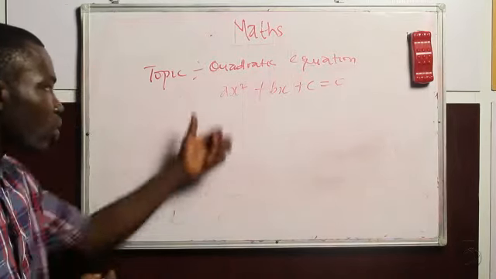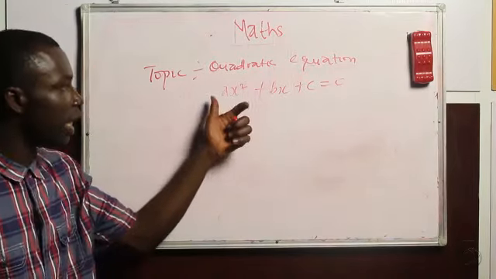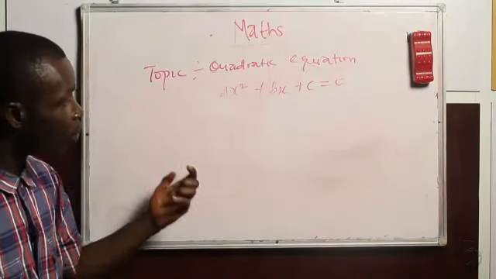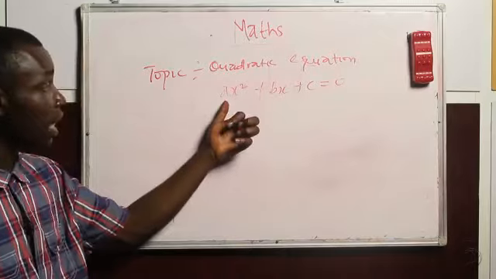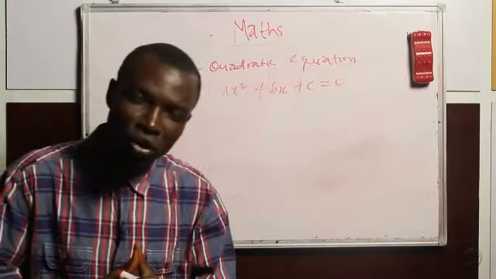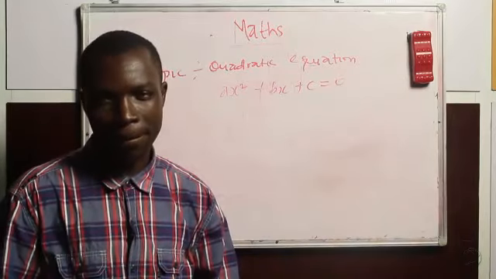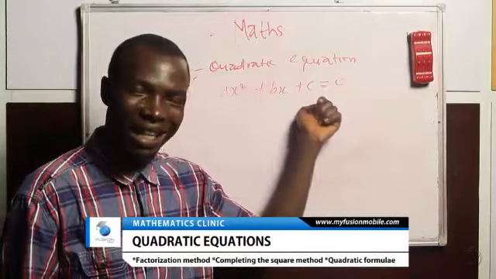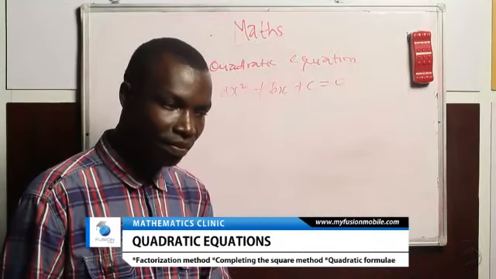For example, let us consider numbers, because I told you that a, b, and c are called numerals, because they can be numerous. 1 can be here, 2 can be here, 3 can be here, and the c is called the constant term. In a quadratic equation, c symbolizes the constant term.